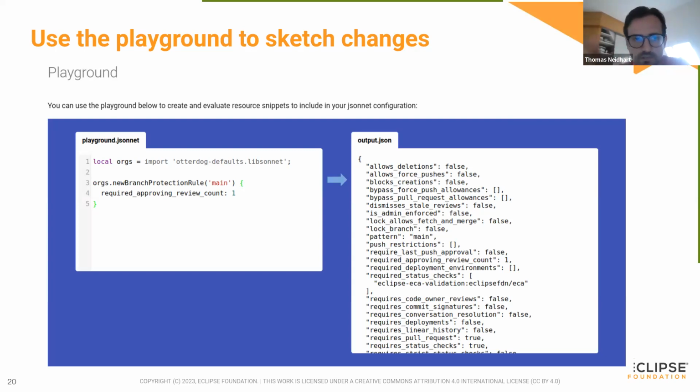So you see on the right what this actually means. You see all the settings that will be taken into account, but as a rule, additionally, this one setting is modified. The required approving review count, for example, is set to 1 instead of 2, which is the default. If you would not provide this override, then you would see a value of 2.